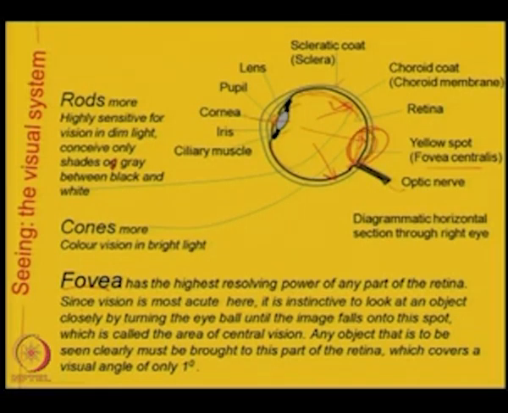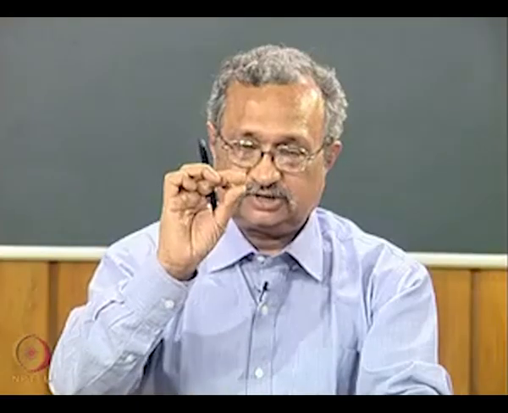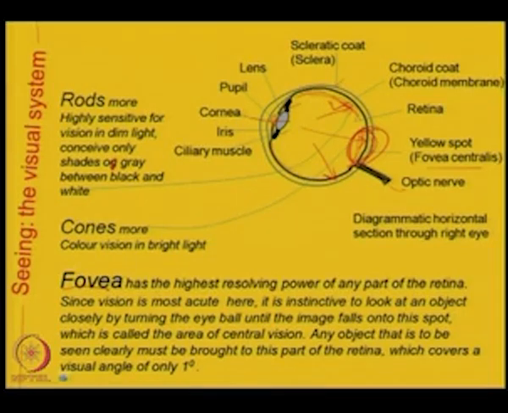Any object that is to be seen clearly must be brought to this part of the retina, which covers a visual angle of only 1 degree. Means if the rays of light are within around 1 degree, then a good vision is possible, and so it is called the visual acuity.